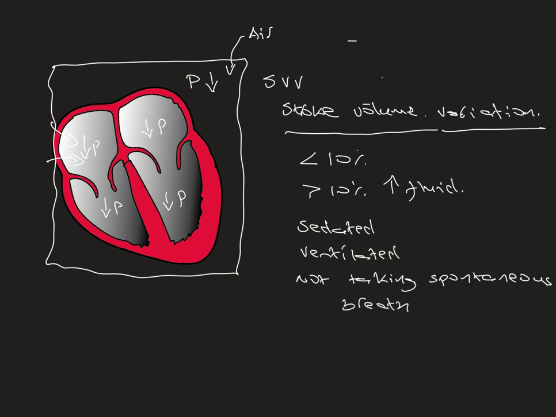If they're taking spontaneous breaths, the volumes are going to be different from what the ventilator's doing, so it makes this number not so reliable. So if the patient is not sedated, not ventilated, or taking spontaneous breaths, then that number isn't so reliable. Okay?